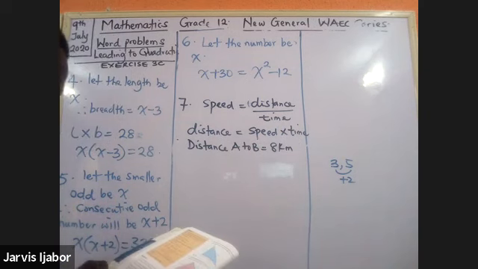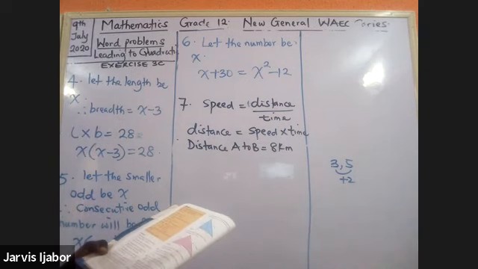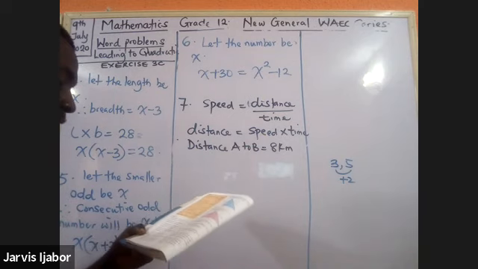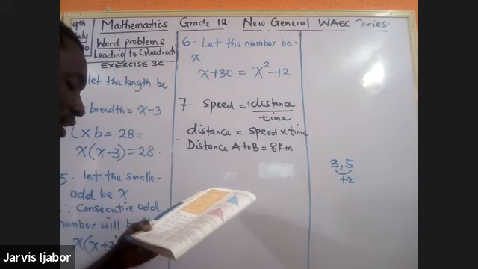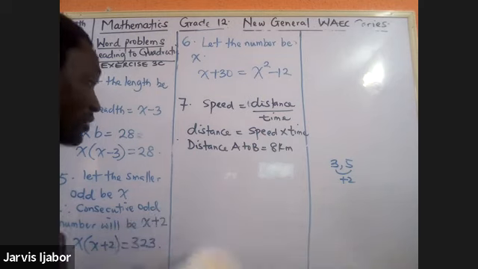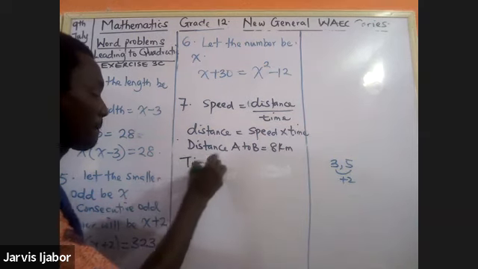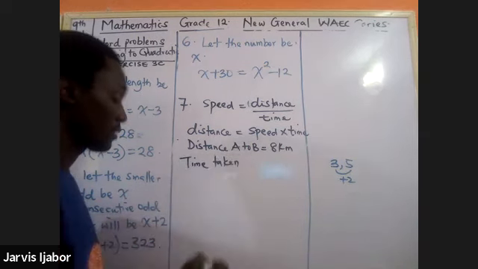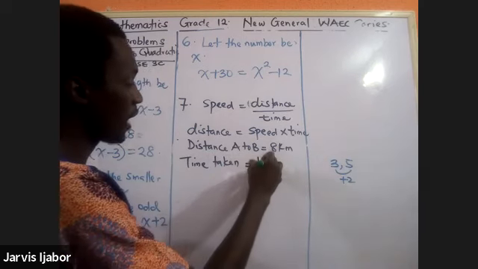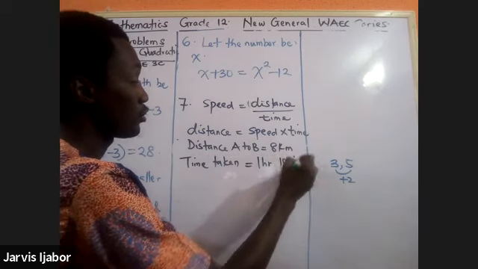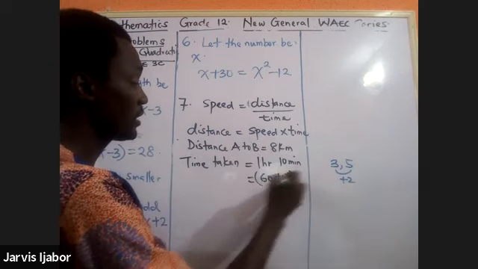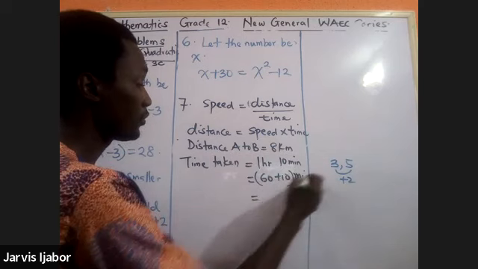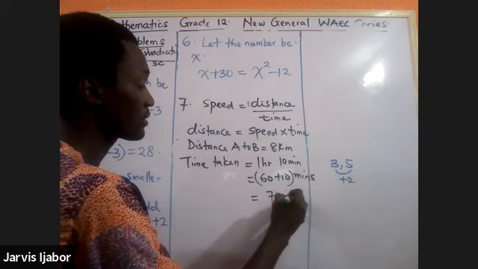Fine. Now, he travels from B to A the same distance at x minus 4 kilometers per hour. If the total time taken is 1 hour 10 minutes, you convert that to minutes, and that will be 60 plus 10, which gives you 70 minutes.